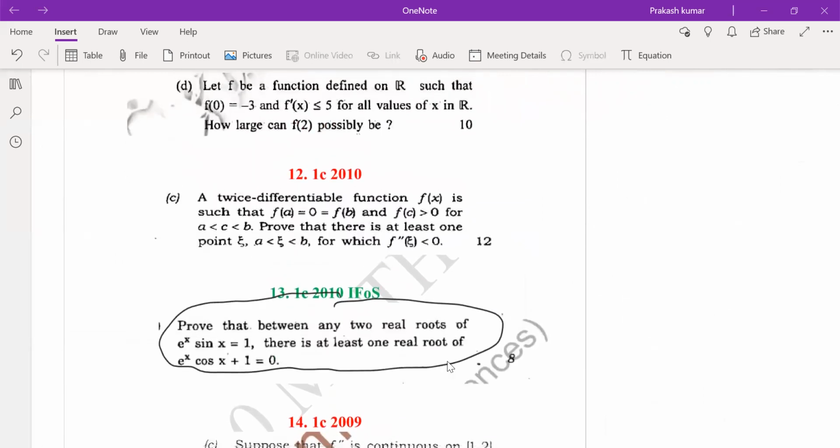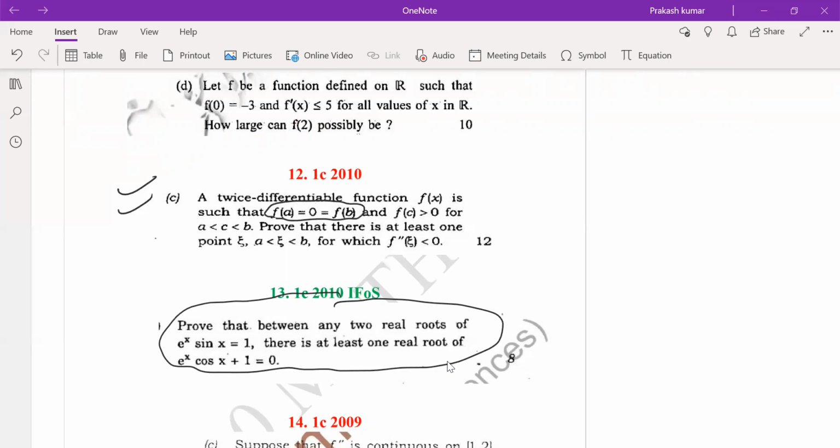Let's do this question, a little tough, but still not very tough. So f(x) is a twice differentiable function such that f(a) equals f(b) equals 0, and f(c) is positive for all c between a and b. If you see this condition, it reminds me of Rolle's theorem's third condition. This is a differentiable function, and it has to be continuous, right?